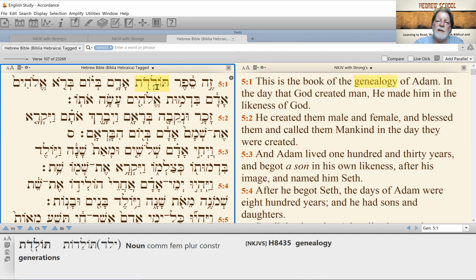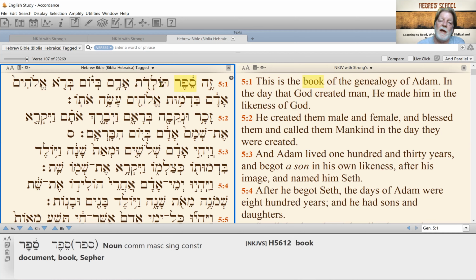So we've already encountered toledot. It is related to the word yeled, yud, lamed, dalet. That's the Hebrew word for giving birth. And genealogies are all about being born and dying. So toledot is a good Hebrew word to talk about family trees or genealogies.